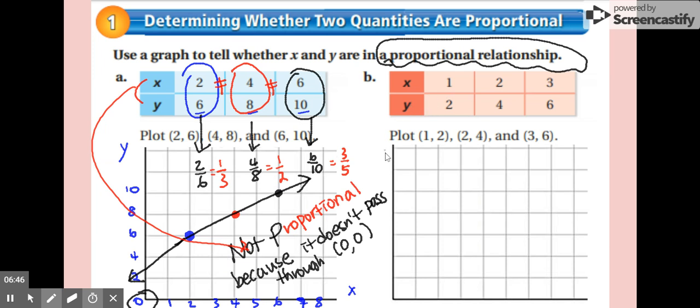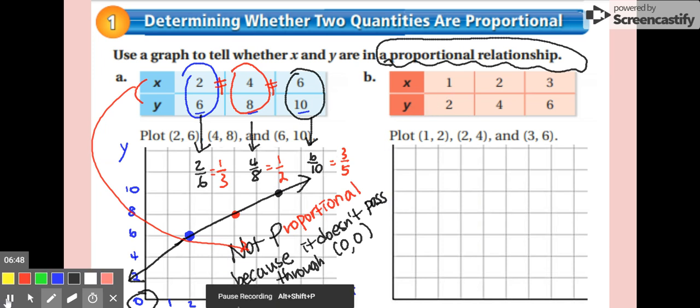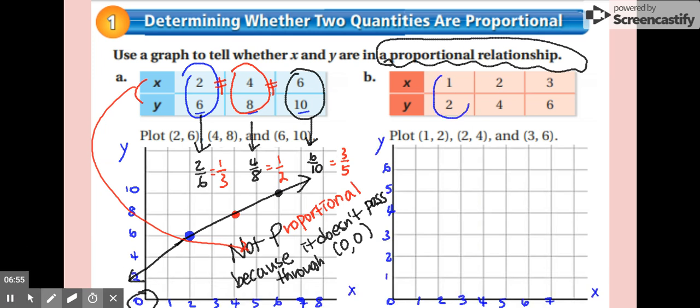And number 2, I'm going to do the same thing. Let's put a scale on the graph first. Let's plot, and 1, 2 should go here. I went up by 1 for y because the max number is only 6, so it's up to the data. So you decide. So 2, 4, and 3, 6. All right, so now I'm going to connect the lines.